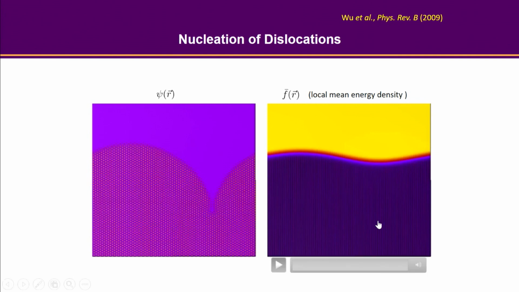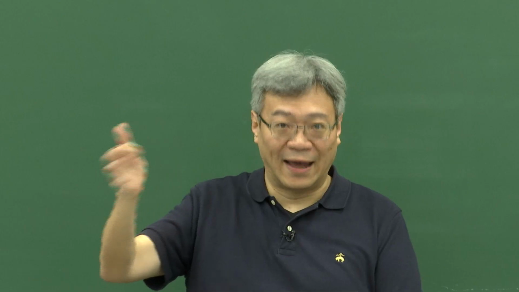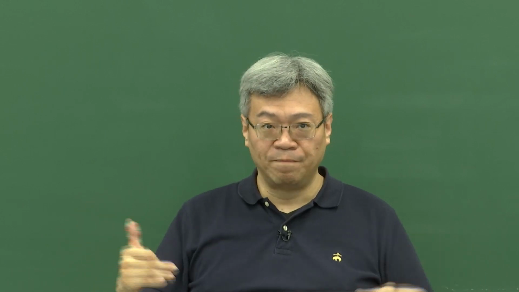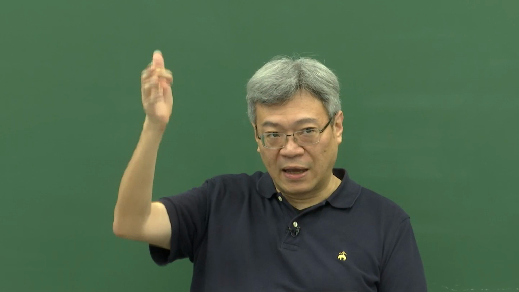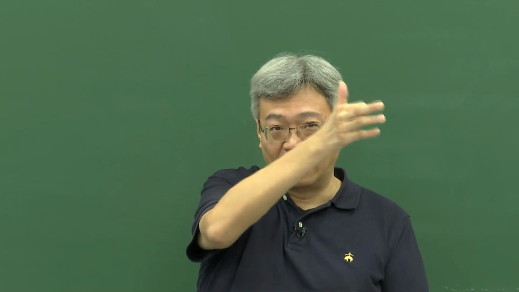Once that edge dislocation is nucleated and propagates, if you count the lattice planes above it, you are going to have one less than below.